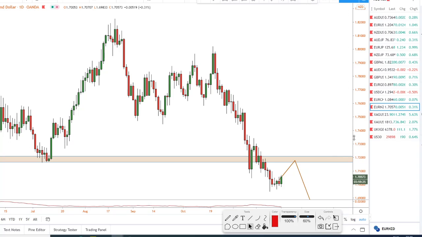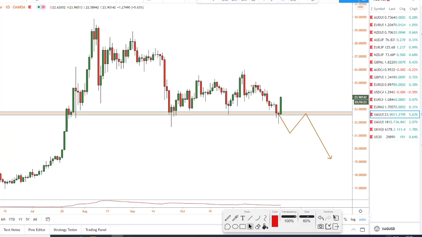The next one, I have marked this silver and gold as well. I was looking at a bearish momentum here. This is a very good support level, and I was bearish only if it came down like this and continued this bearish momentum, but now as you can see, it's going up.